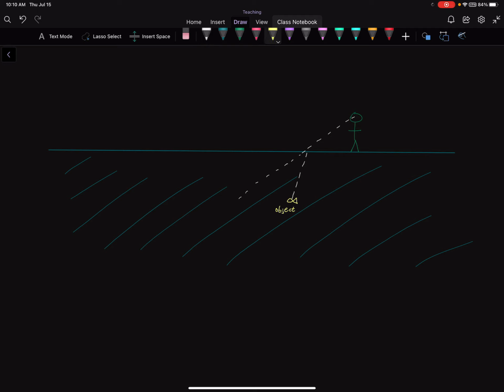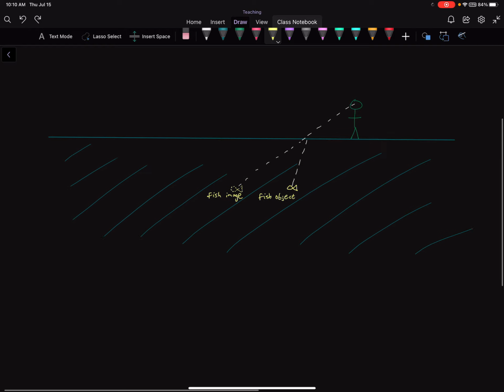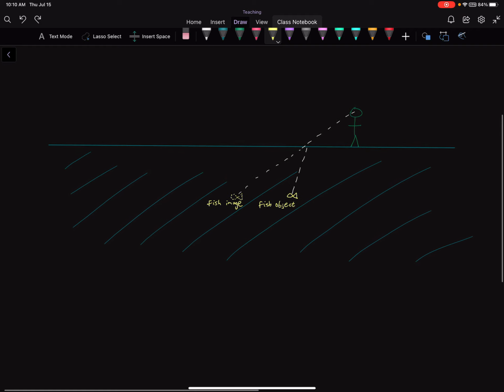So if you were that person, you would see the fish image right here. So we'll say fish object and fish image. This is the image that's formed by this object. So that's how it works when it refracts at that interface.